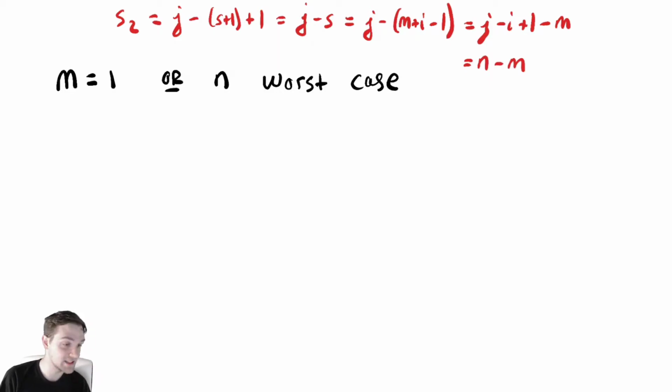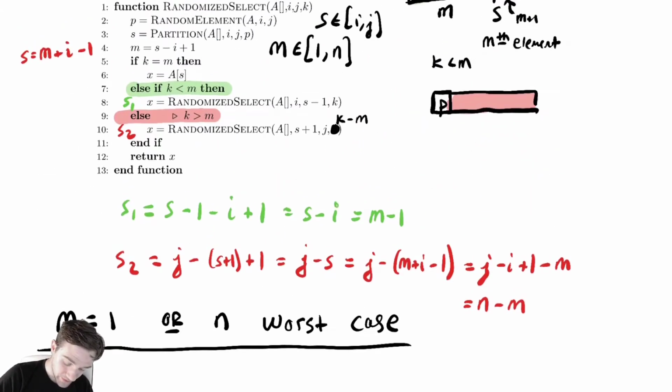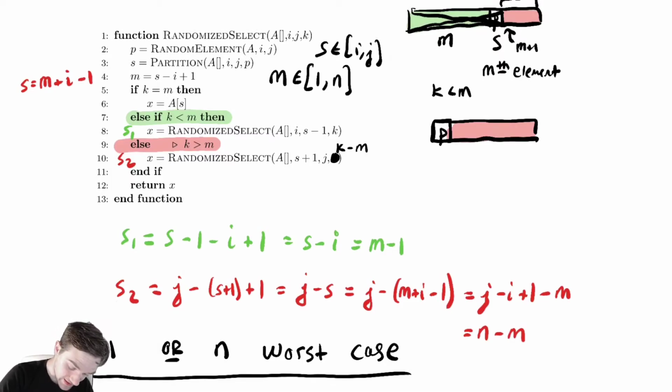In that case, let's see what happens. We know that partition takes cn time. So all of the code that is not the recursive calls is finding a random element, constant time, and partition, linear time.